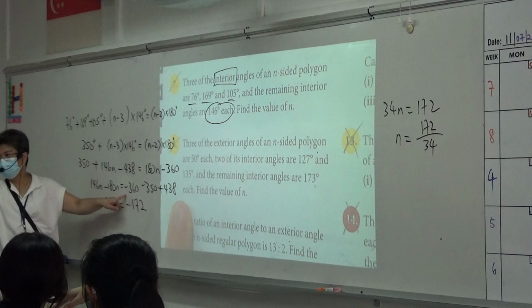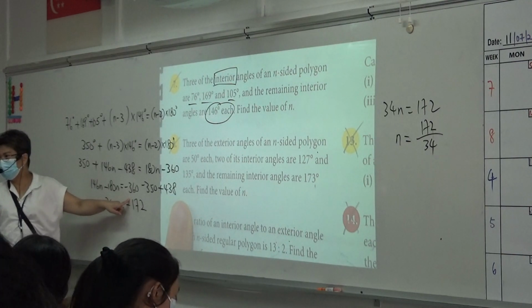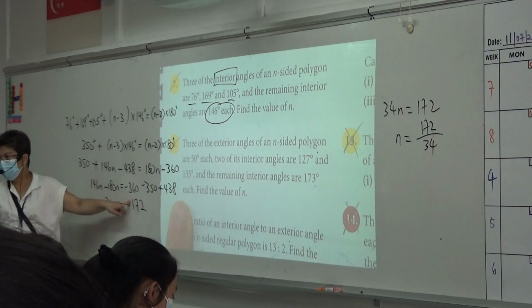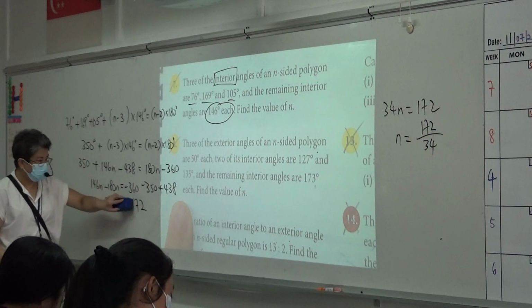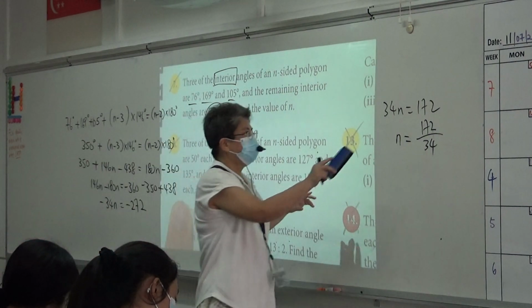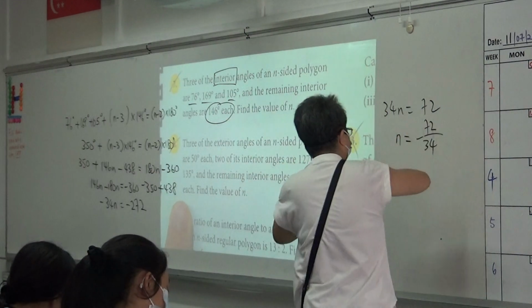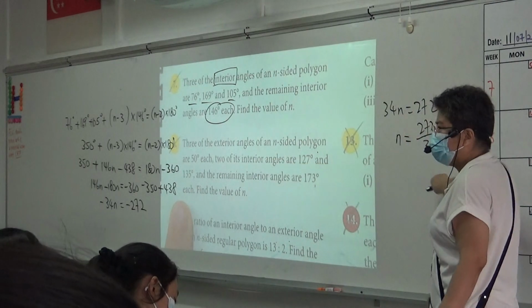Come again. Negative what? 272. You cannot solve it. Okay, so we have chosen a wrong calculator. Don't laugh. Now the calculator must redeem himself. What's the answer?